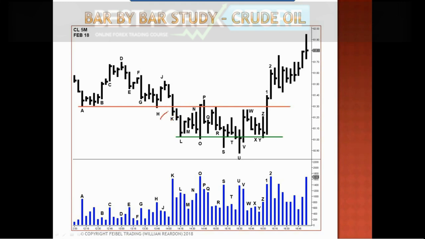For sellers to overcome the buying here, they need to sell twice as much to get the same result, because buying will be active, or should be active, at support, whereas at E, we wouldn't expect any buying here. There's no need for buying to occur here.